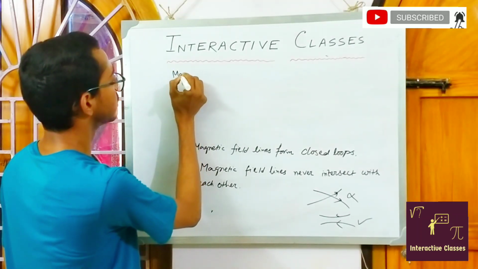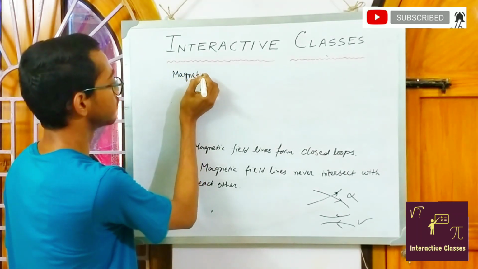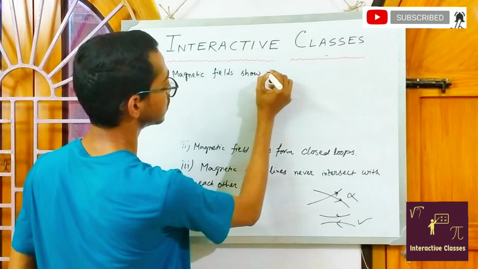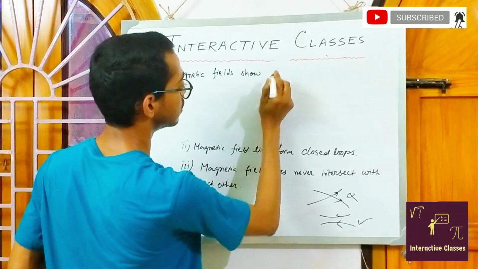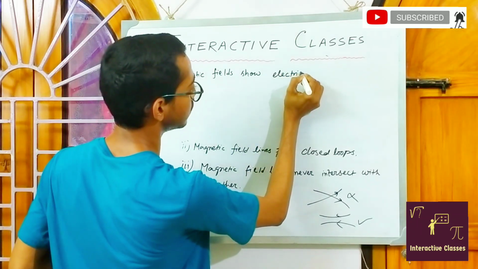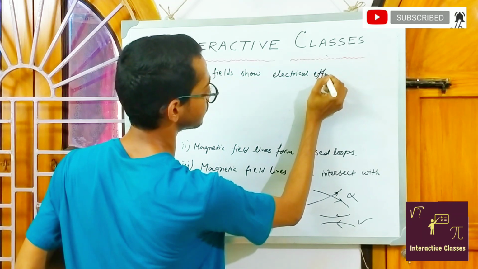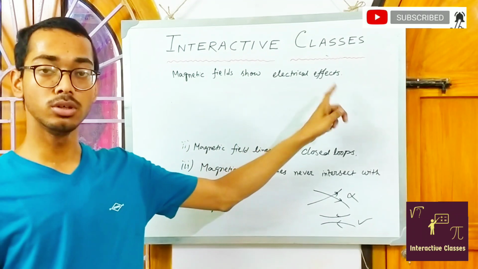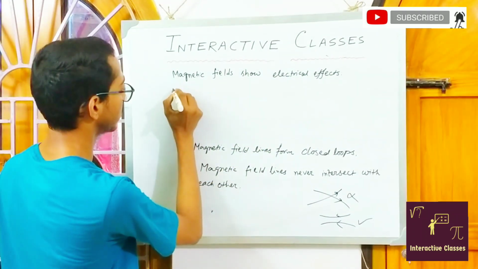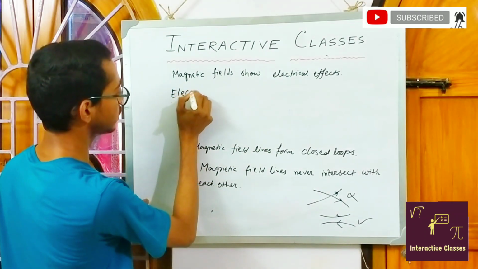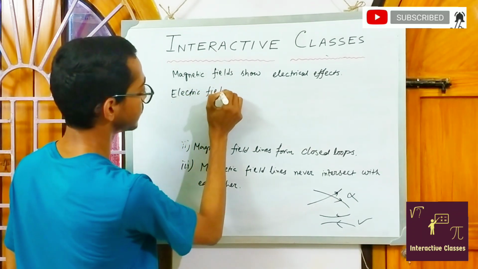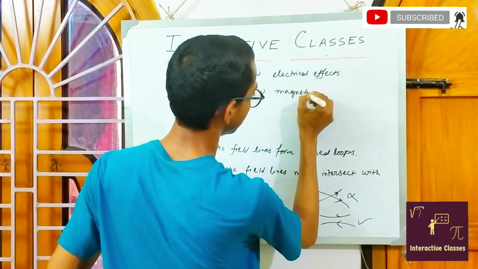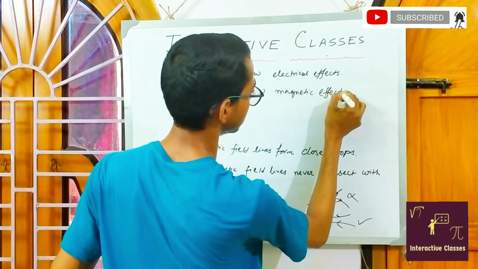So magnetic fields show electrical effects, and electric fields show magnetic effects.